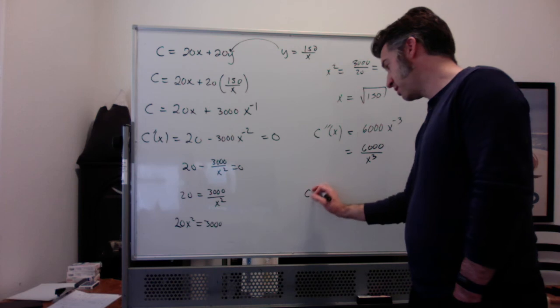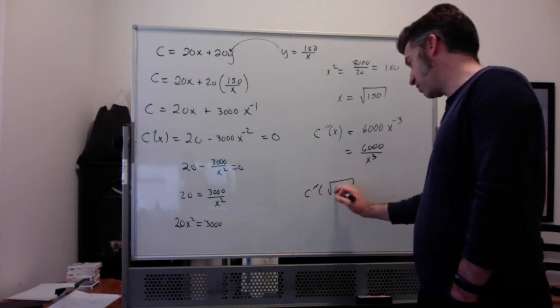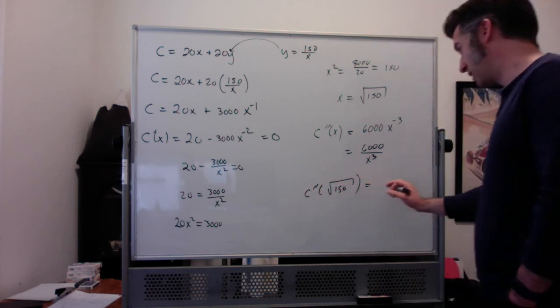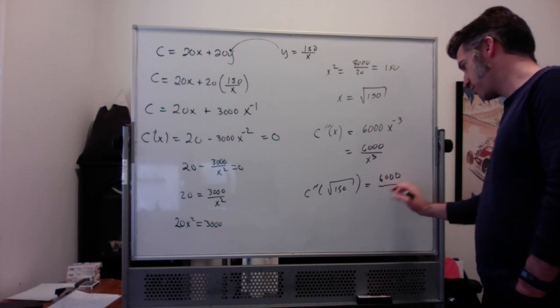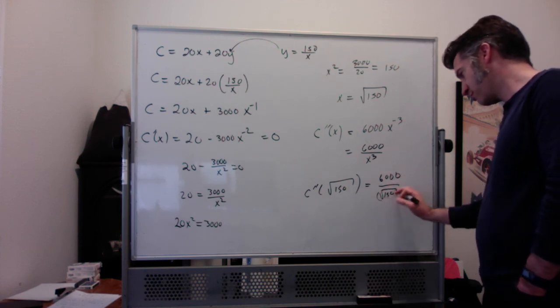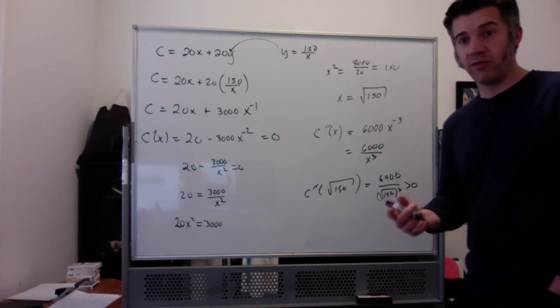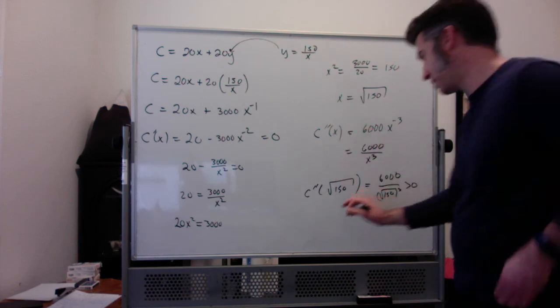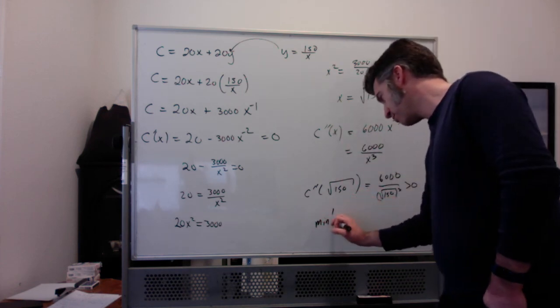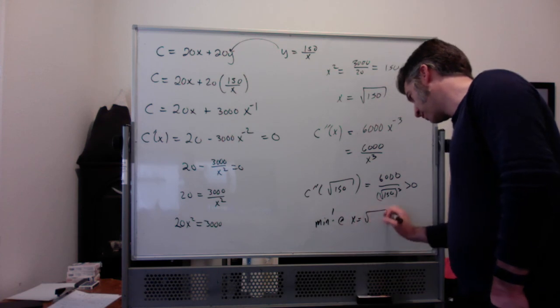So clearly, C double prime of any positive value is going to give you a positive number. Second derivative positive, concave up. So yes, we have a minimum at x equal to the square root of 150.